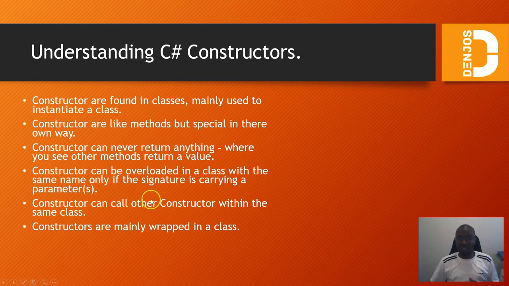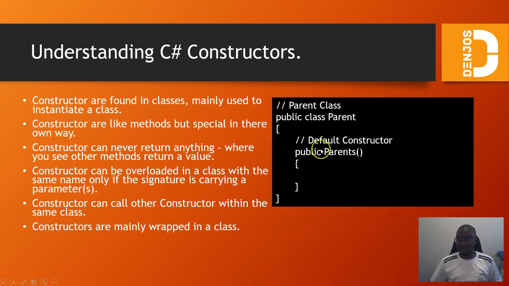A perfect example of a class and constructor will look like this. Here I have a class called public class Parents, and I have a default constructor declared as public Parents. That's how a constructor looks. There is nothing in front of it, no type like void, string or integer.